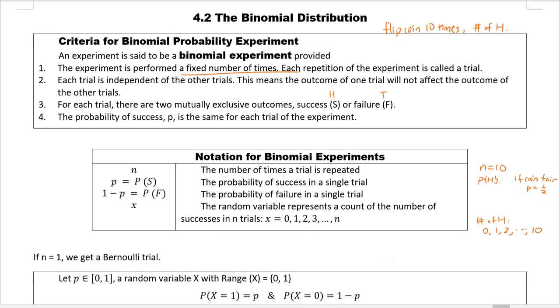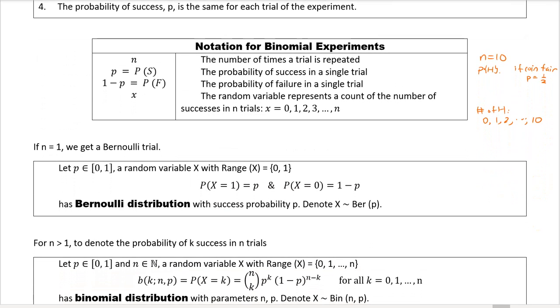Okay, so if n equals 1, we get a Bernoulli trial. So we let P be a number in the interval [0, 1], a random variable X with the range of X equals 0 or 1. Okay, so P(X = 1), which means we have 1 success, is P. So the probability of success is P, and probability of failure means 0 successes because we only have 1 trial.